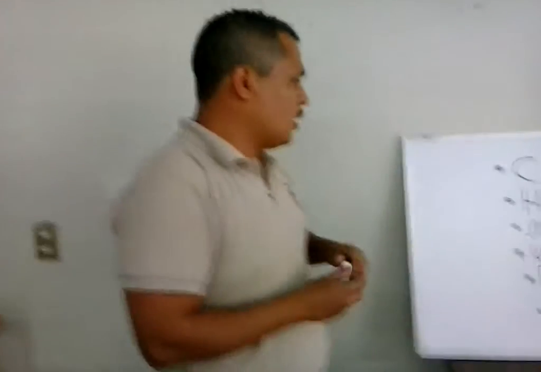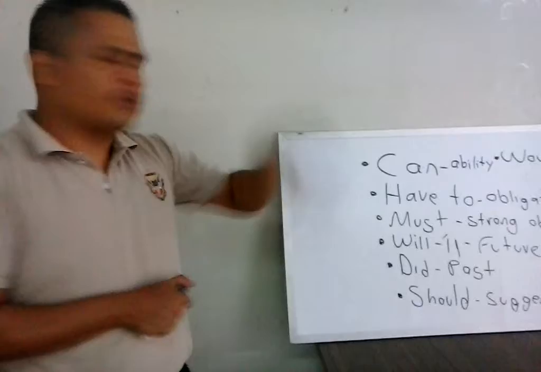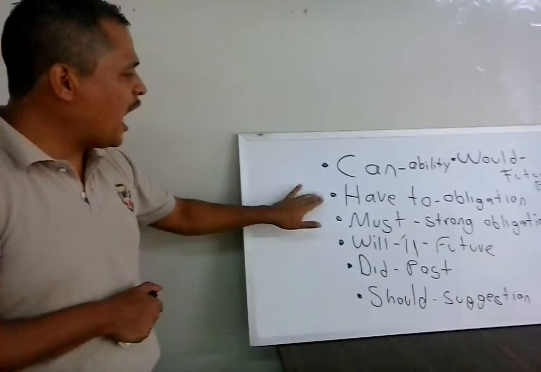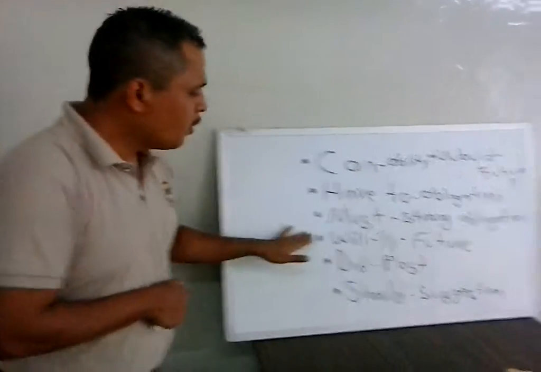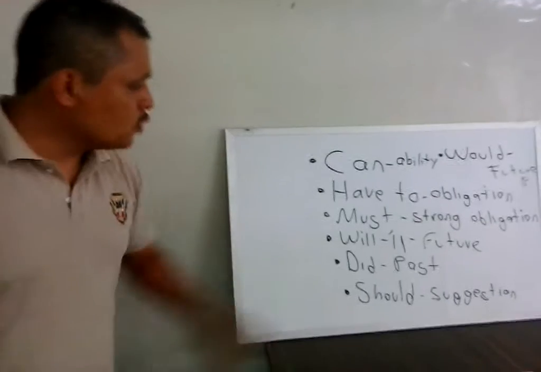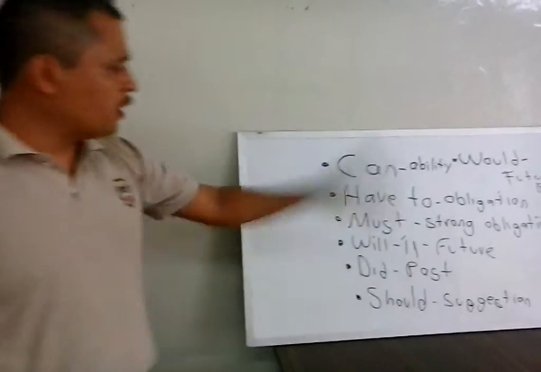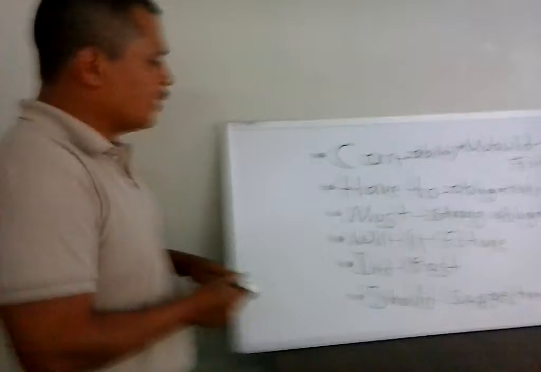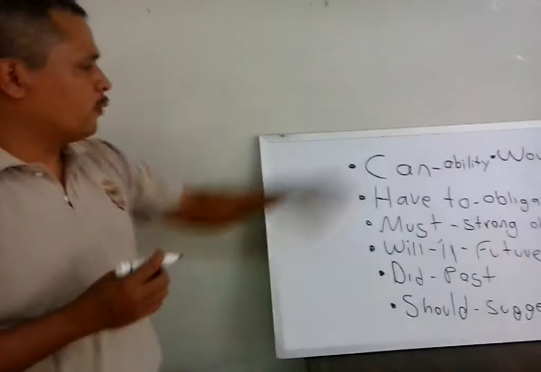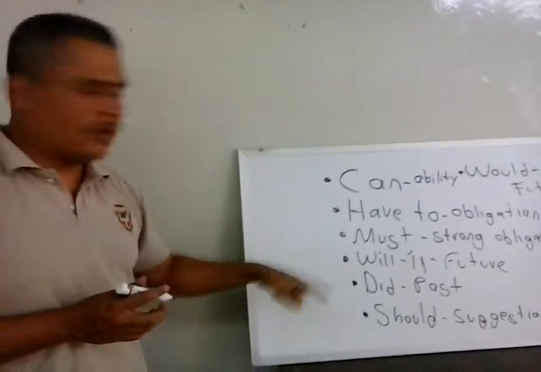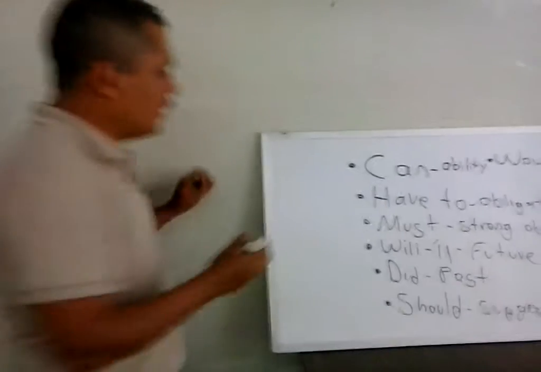So as a summary, we have can, have to, must, will, did, should, and would. These are the most common auxiliary verbs, but there is a form for making sentences.